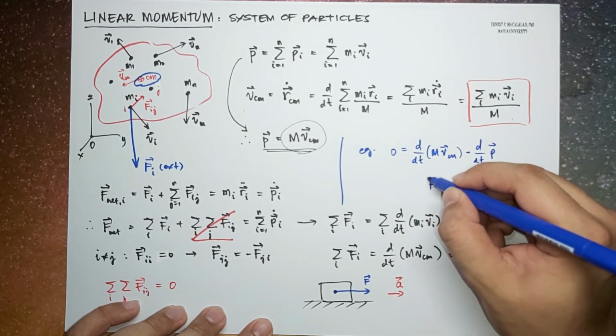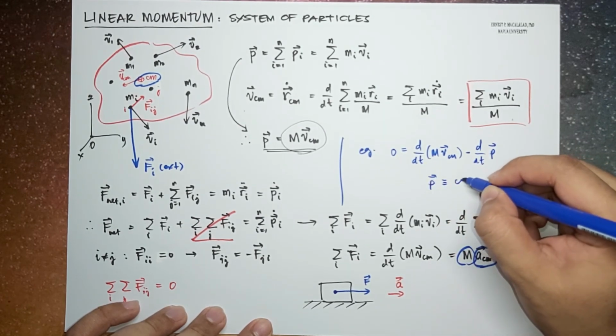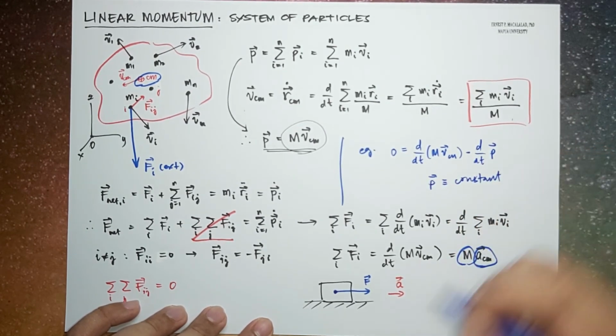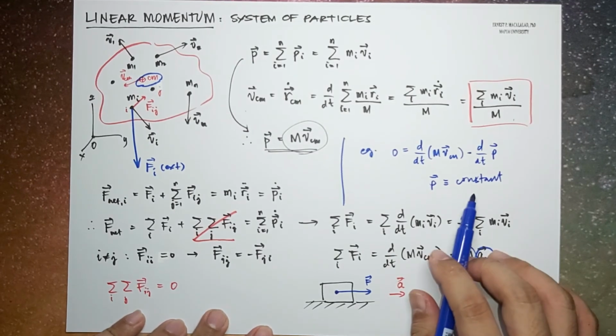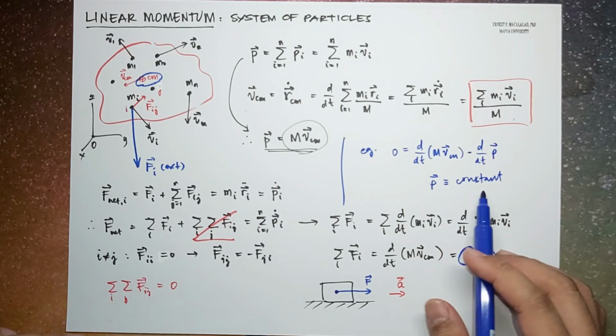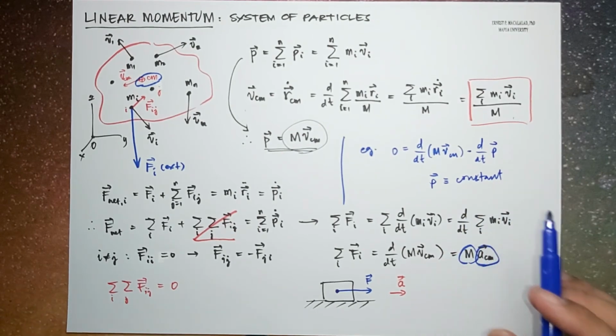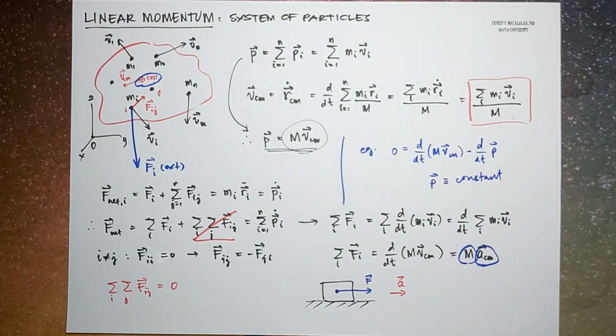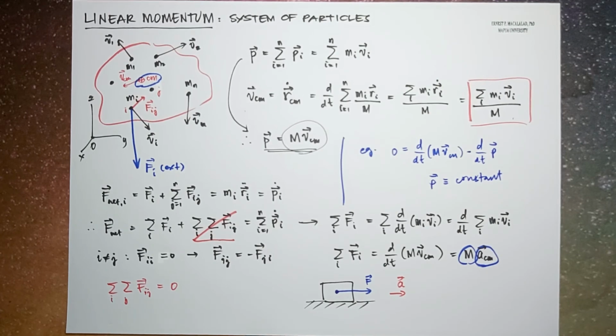So therefore P is equal to a constant. Okay, so this is called the conservation of linear momentum. Okay, so that's it. That's the linear momentum in the context of a system of particles.